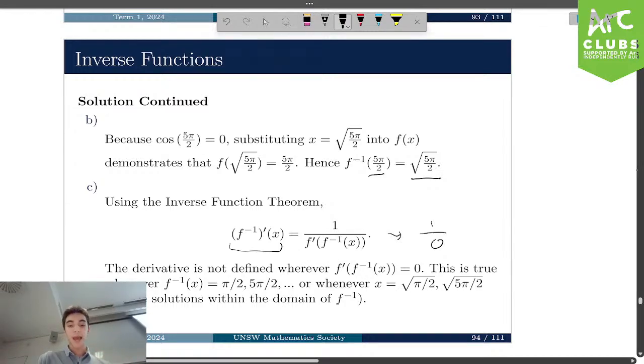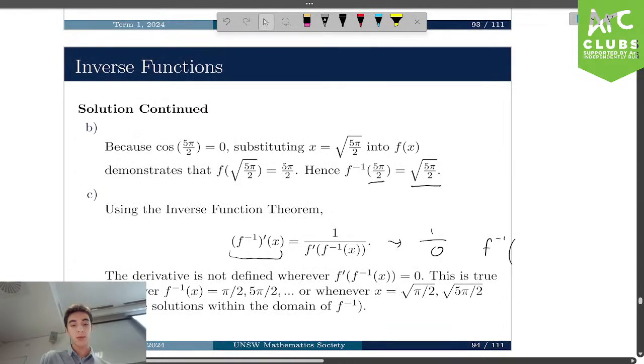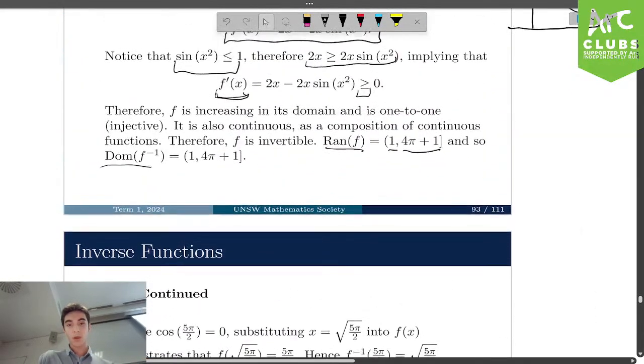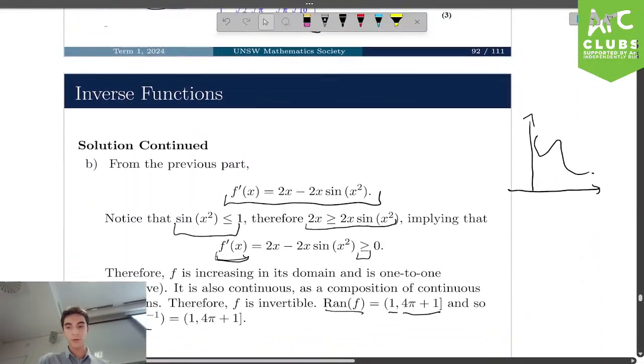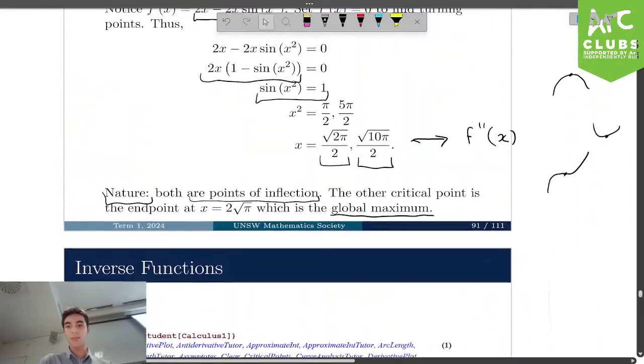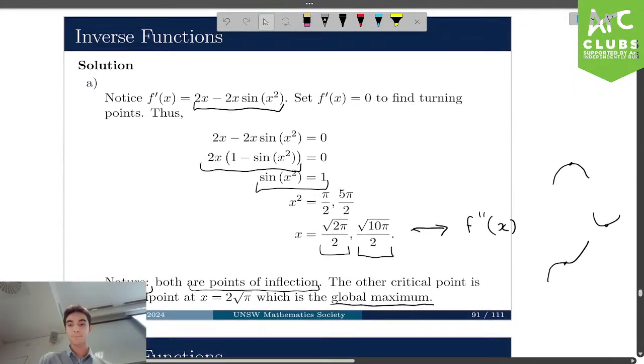And this basically happens when f of minus 1 is, what were our values for when the derivative is 0? We found them when we were looking at the stationary points, right?